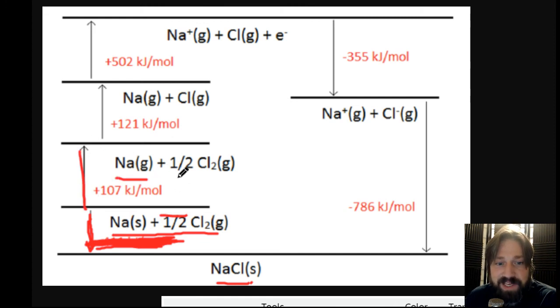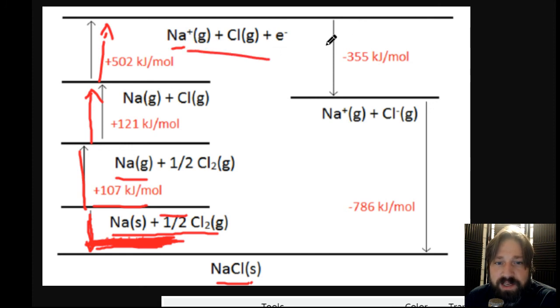I can gas this, and I know it's going to be a positive 107. And then I take the chlorine gas and break it apart into just Cl. Okay, and that takes some more energy to do. And then I can ionize the sodium to make sodium ions, Na plus, and it pops out an electron. I can do that, and it takes a lot more energy.